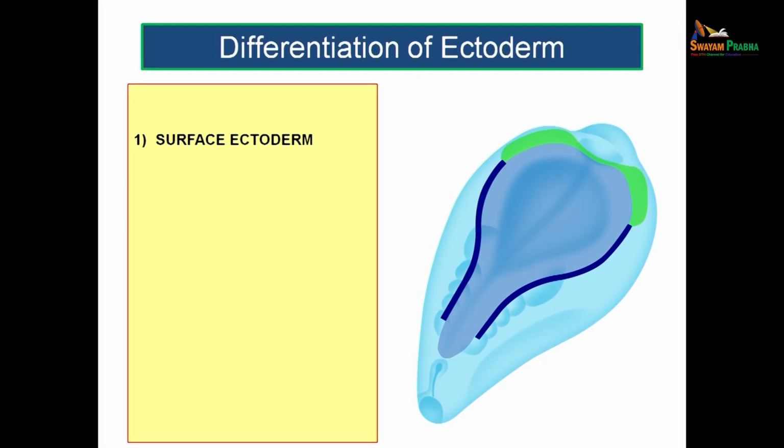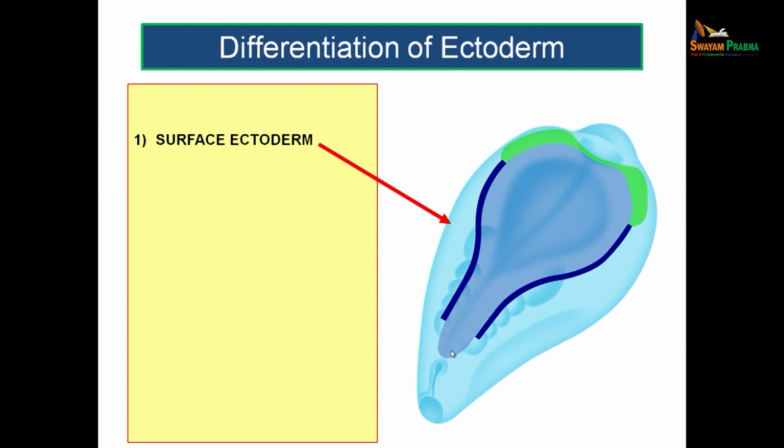Now, let us have a look at the derivatives of ectoderm. Ectoderm is the topmost layer, and this is actually getting differentiated into mainly two parts. One is known as the surface ectoderm. You can see the light blue colored area as you look from above after removing the amniotic membrane.